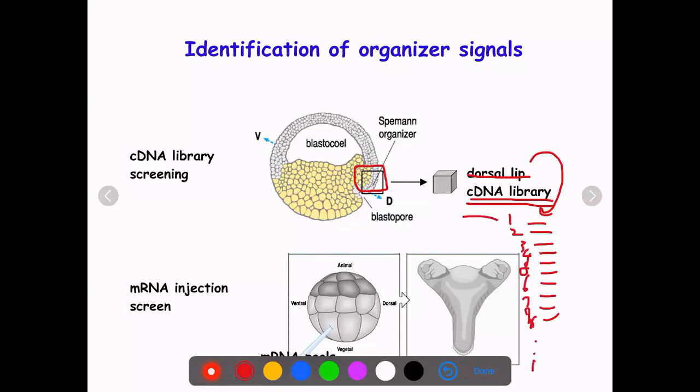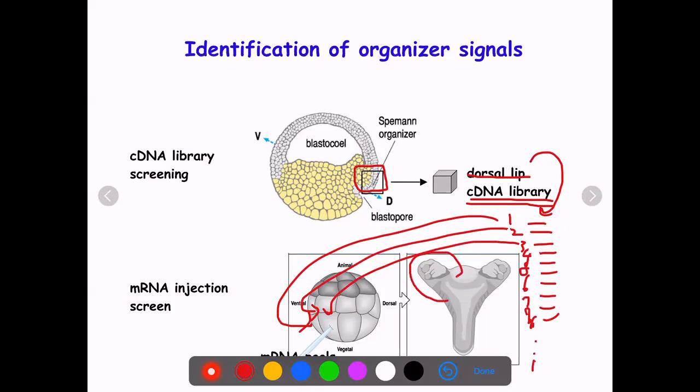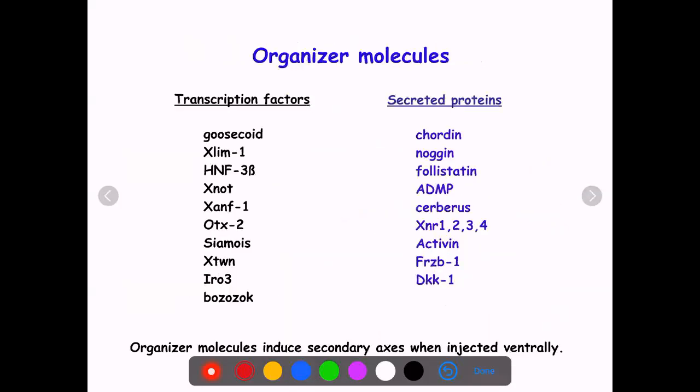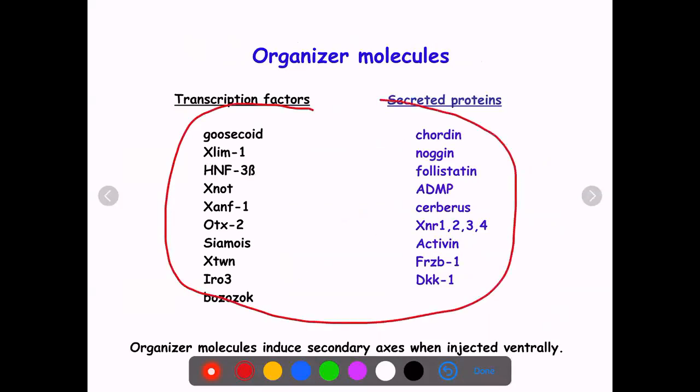And then you just inject them into the opposite side of the embryo, and keep checking whether they are able to create this kind of bump, some dorsalizing activity coming from it. So that's how they found this organizer molecule, and this many, ooh, a lot, right?